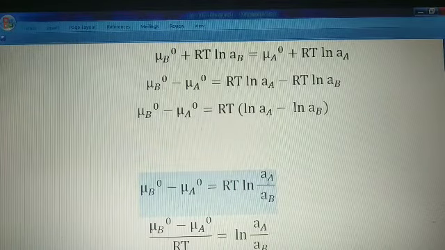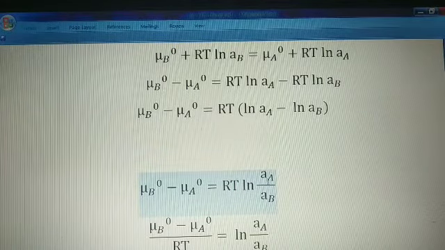Migrating the RT term to this side, what is this? It is the chemical potential of the solute in the pure state, so it will be constant. R is the gas constant, and temperature is constant at a particular temperature. So the whole term is constant.